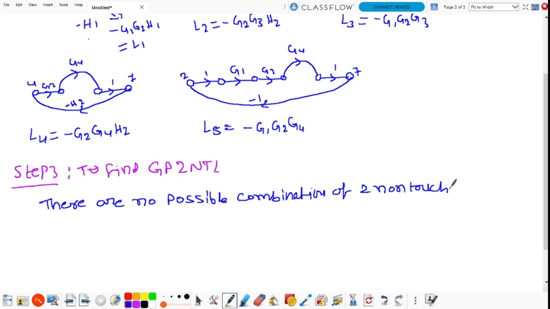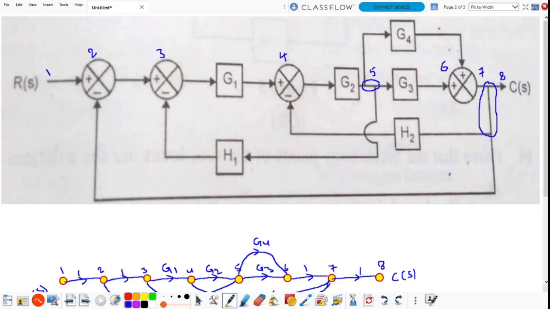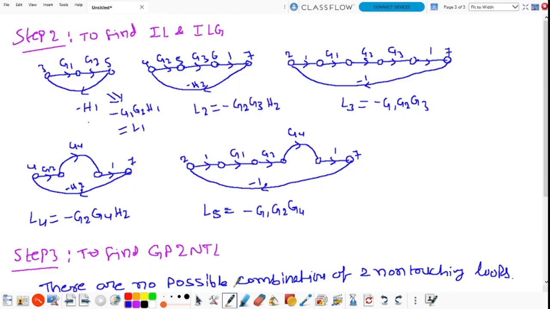And similarly, to determine the gain product of three non-touching loops in this signal flow graph, there is no possible combination of three non-touching loops, and there is no possible combination of four non-touching loops.